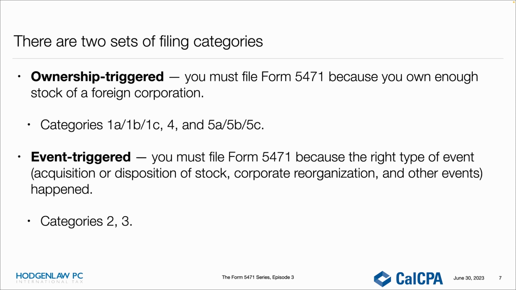The person acquired stock, enough stock. The person disposed of stock, enough stock. The foreign corporation had a reorganization, so the shareholder did nothing, but the corporation did something. And there are some other things that go on there too. So there are these I call event triggered.